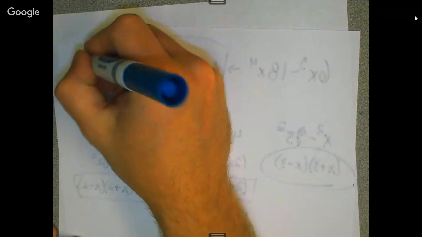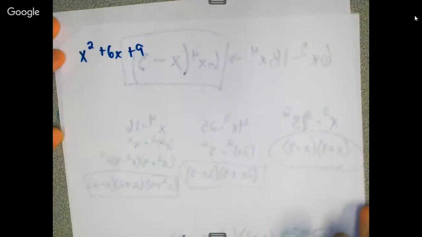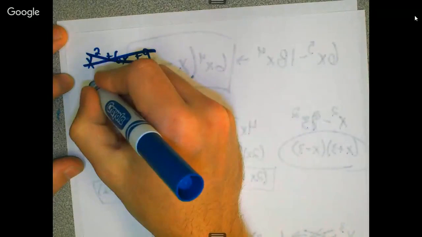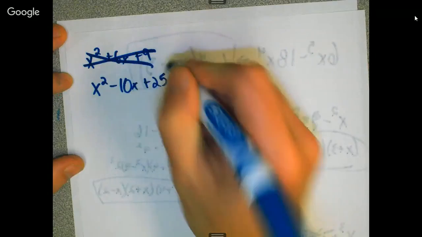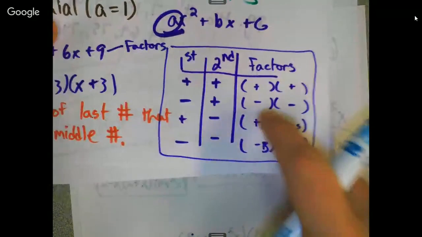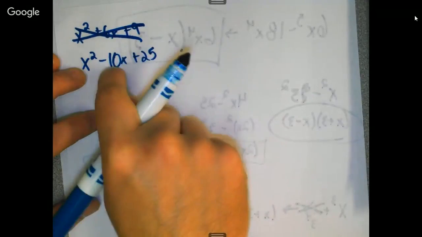So we have x squared plus 6x plus 9. Okay, I did that one in the first video. Let's go x squared minus 10x plus 25. Okay, so I need to factor this again. We will use this sign chart again. Okay, so I need factors of 25 that add to 10.